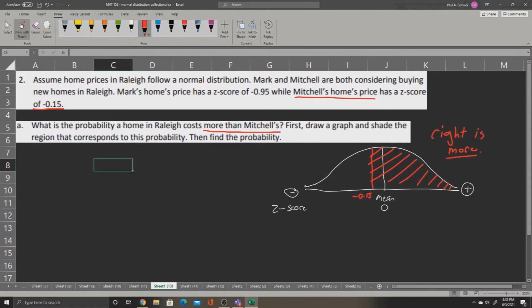Now in previous problems we have used norm dist in order to find probabilities. That's if you know the x value. Instead this time we're given z-score, not x value. So instead we'll use a variation called norm s-dist.